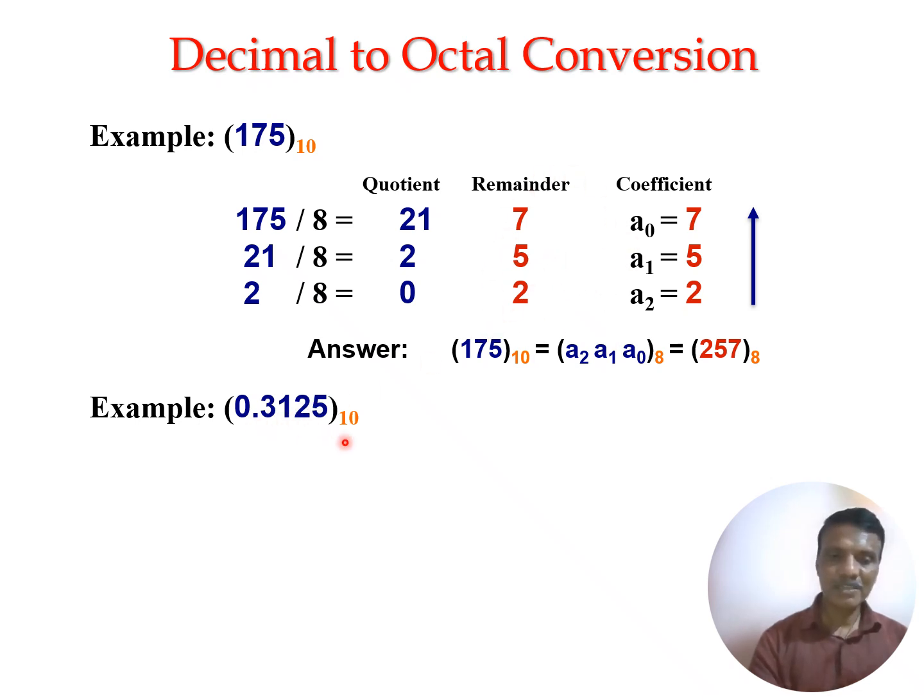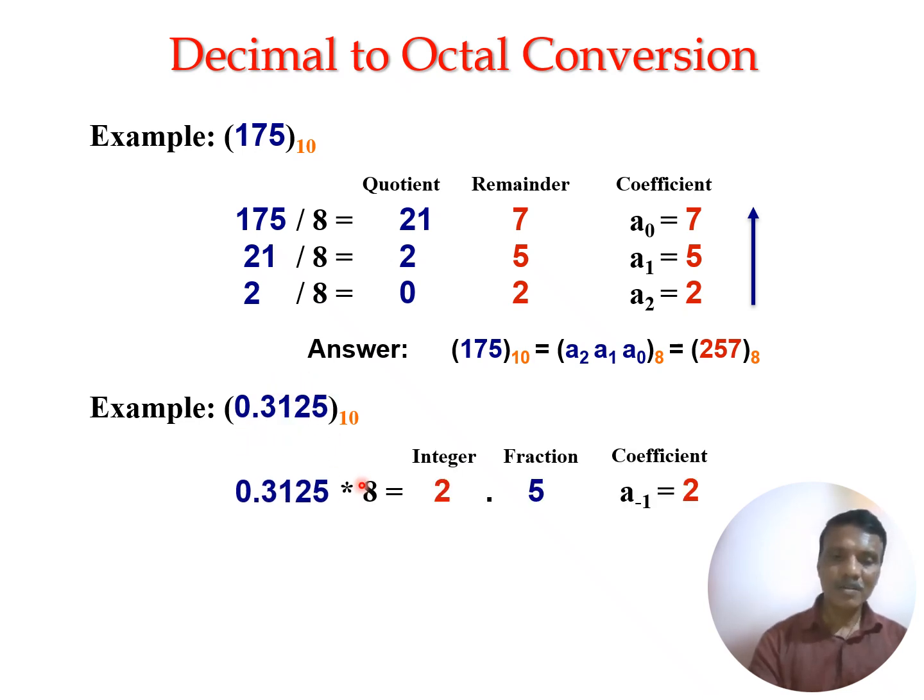Next, the fractional part. How to do the fractional part in decimal to octal conversion? Successive multiplication. This value into the base value, that is 8. 0.3125 into 8 is equal to 2.5.